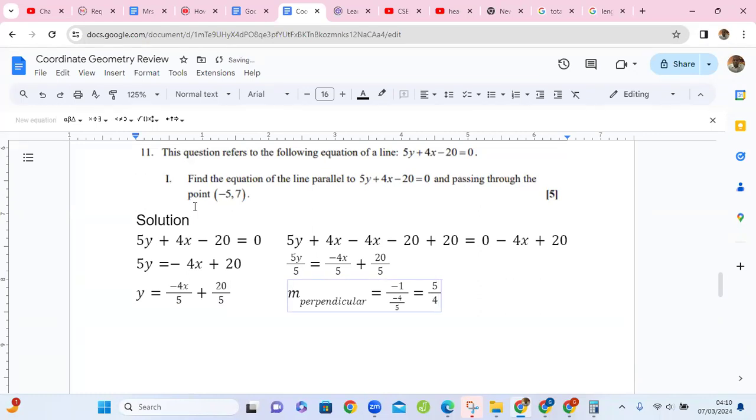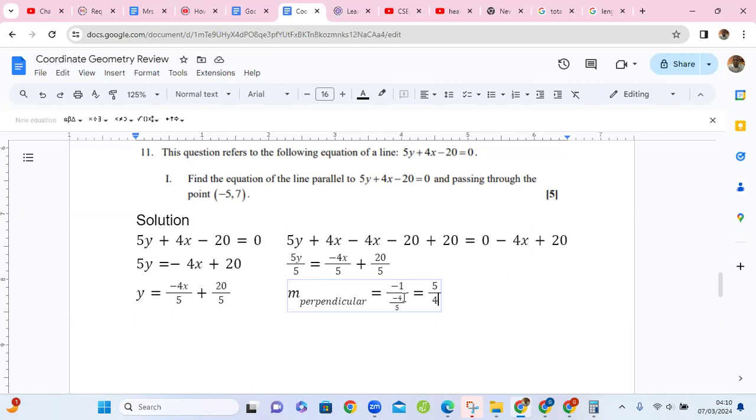So the gradient of that perpendicular line is 5 over 4. So now we're going to use that gradient to continue to find the equation of that parallel line. Oh, no, parallel, not perpendicular. Sorry. Perpendicular is for the other part.